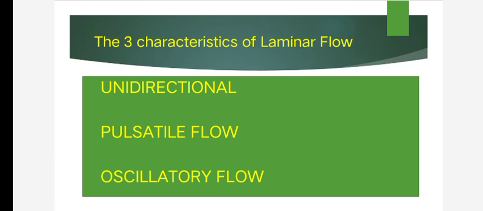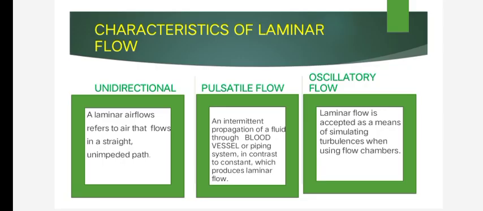So laminar flow is subdivided into three types. We have the unidirectional laminar flow, pulsatile laminar flow, and oscillatory laminar flow. When we say unidirectional flow, a laminar airflow refers to air that flows in a straight, unimpeded path.